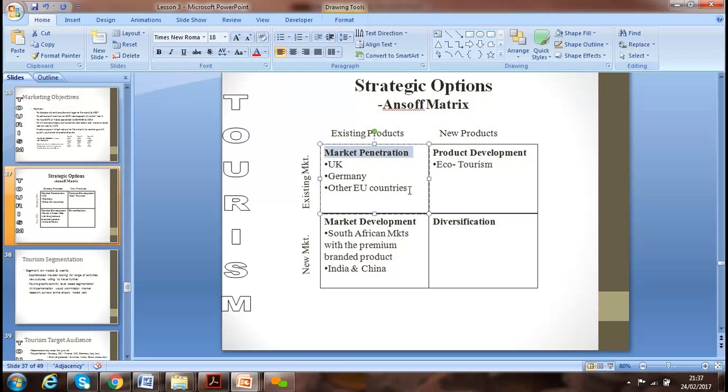We want to expand our business with existing product in the existing country. These could be marketing strategies from which we make our action plan. Then market development: existing product into a new market. We want to develop our market.